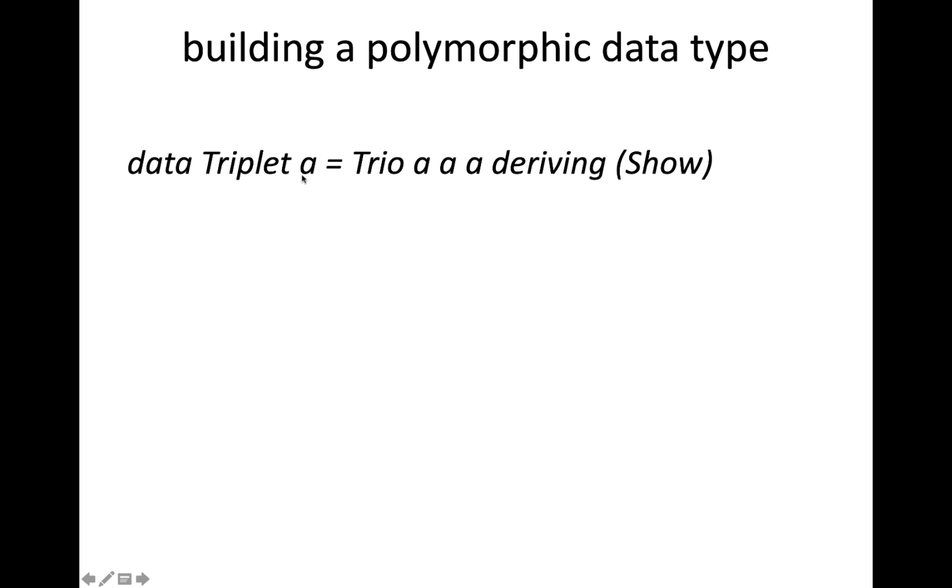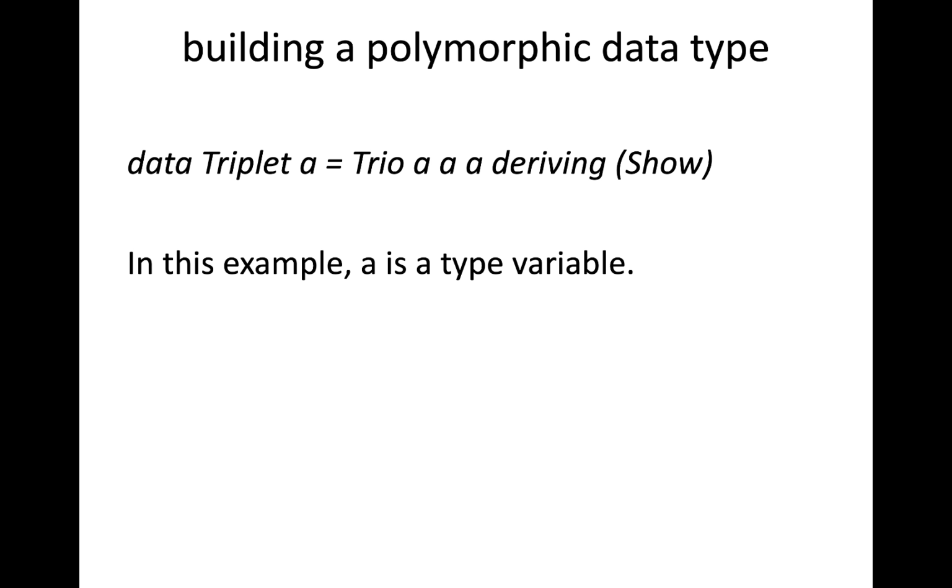The definition is Trio and then that same type 3 times. Now I guess without an example it's hard to see. So let's take an example, and a is called a type variable which can vary. a can be integer, or a can be character, or any other type. So that is called a type variable.